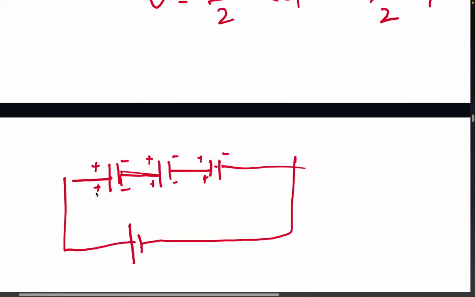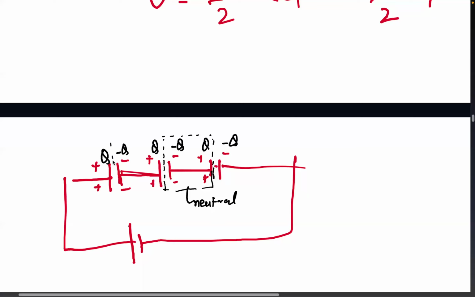If you see carefully, I can say this plate has charge Q, this has minus Q. This plate has again charge Q, this has minus Q. If you see carefully, this is a neutral thing, and this again comes up to neutral.